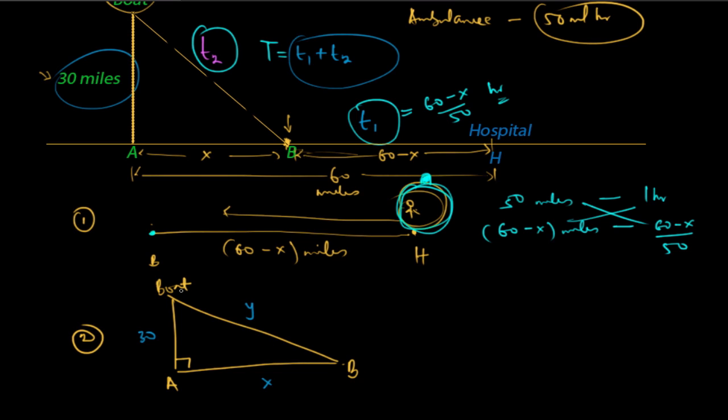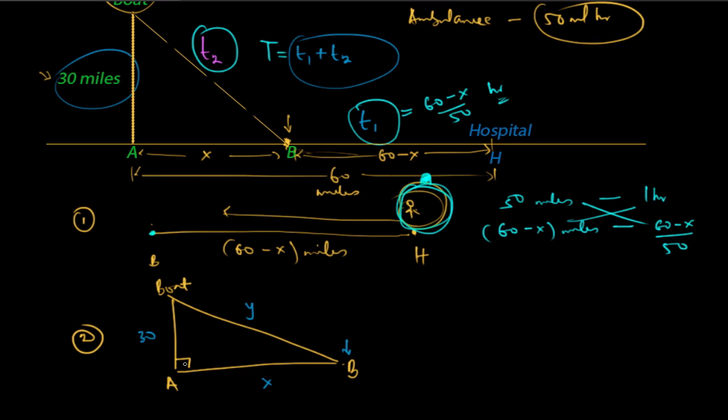My aim is to find the distance between the boat and the point where the driver of the boat is going to meet the ambulance that moves from the hospital. To do this, I have to use the Pythagorean theorem, because this is a right angle triangle. What does the Pythagorean theorem say?